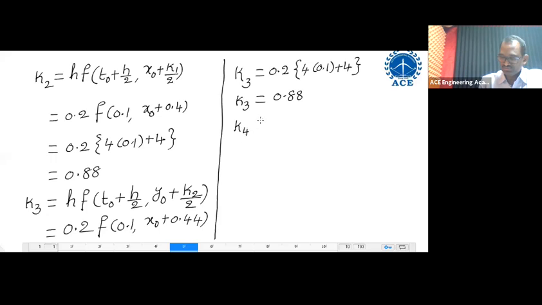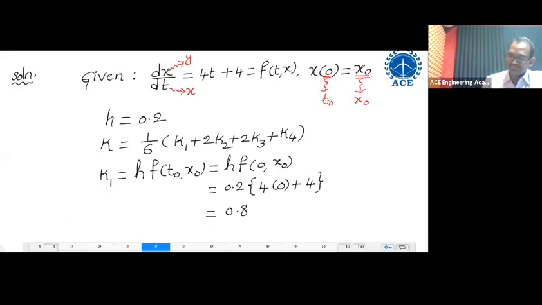K4. What is K4? The formula is h into f of t naught plus h, y naught plus k3. Here the h value is 0.2.